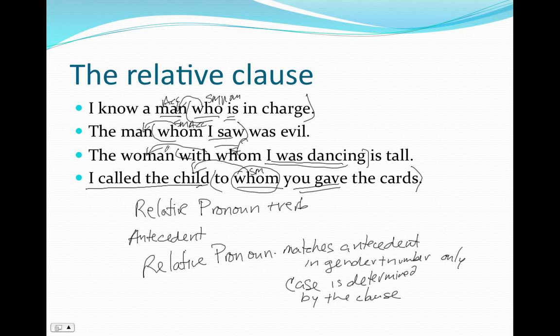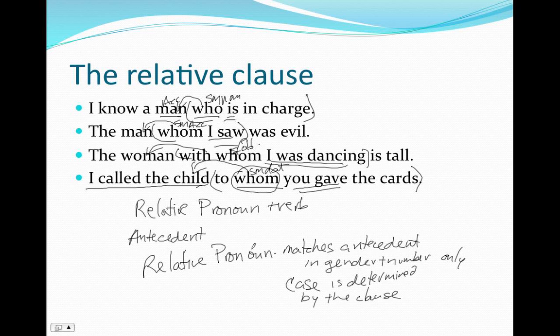Remember, it was singular and feminine because it's pointing back to woman, but since we've got the preposition with, cum takes the ablative, this whom will be in the ablative case. And then I called the child to whom you gave the cards, where it's singular masculine because of child, but since the main verb is you gave, the cards is the direct object, the accusative, to whom is going to be the dative indirect object.